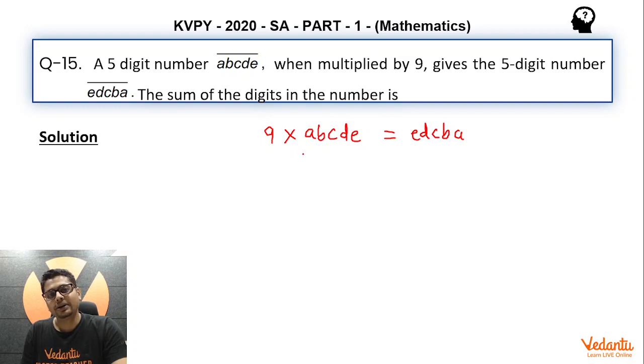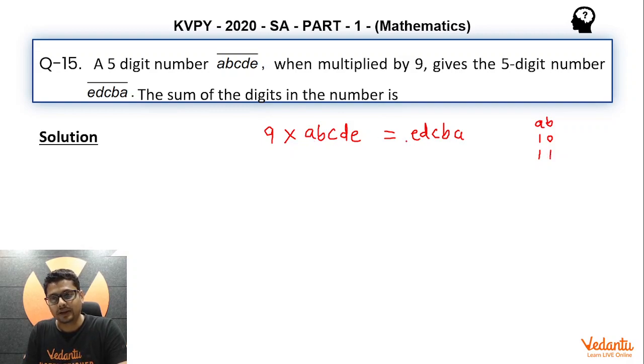Now an interesting part here is when you are multiplying a 5-digit number with 9, you are again getting a 5-digit number only. So A has to be at least 1. A can't be 0 because ABCDE is supposed to be a 5-digit number. So AB can be 10 or 11. That's it. Why?